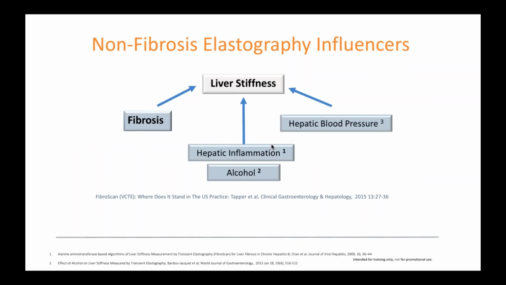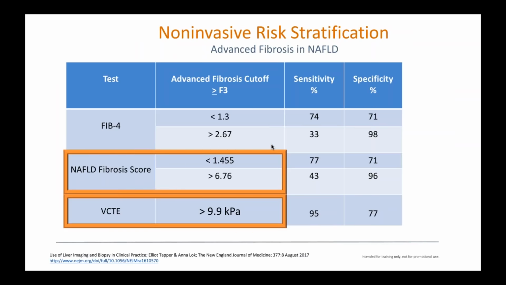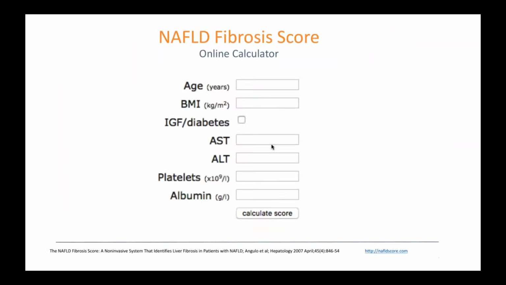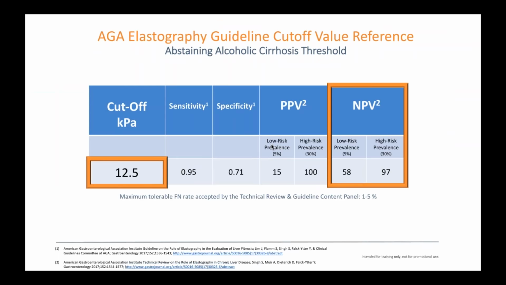Yeah, specifically, we believe this relates to the inflammatory component. Obviously, an alcoholic who is drinking is going to have significant hepatic inflammation, and that inflammation is not allowed for in the AGA guideline for alcoholic cirrhosis.